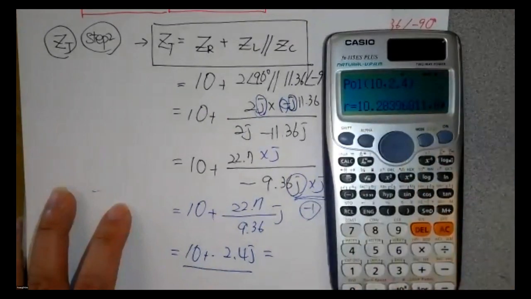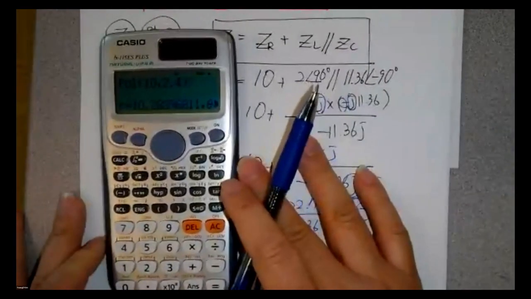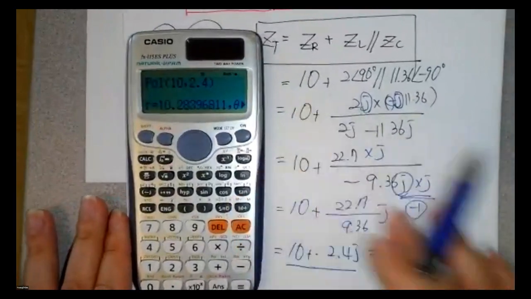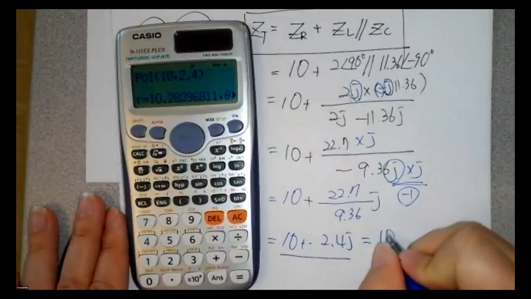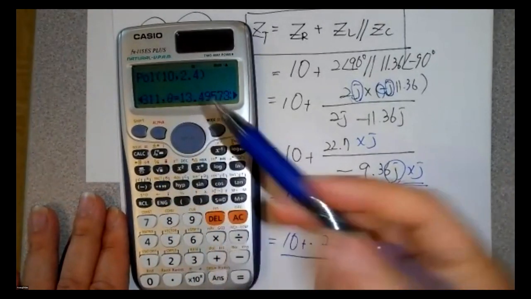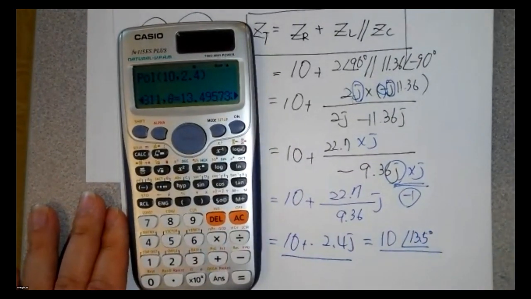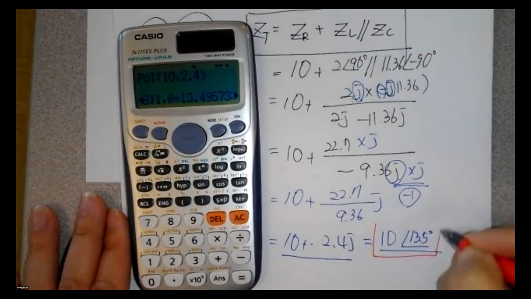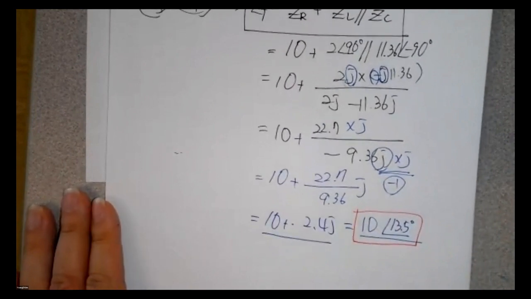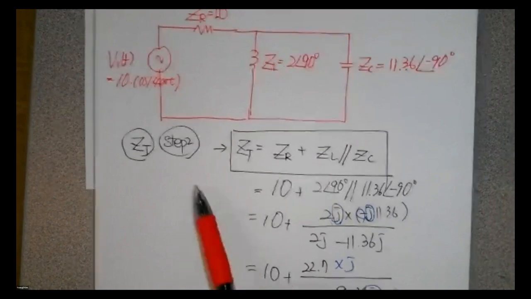Okay, R is 10, and theta is 13.5 degrees. So the answer is Z sub T, 10 at 13.5.